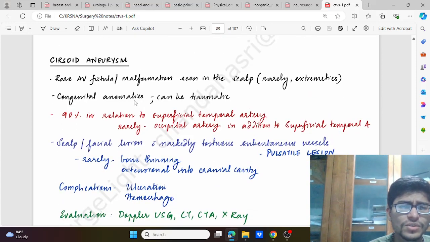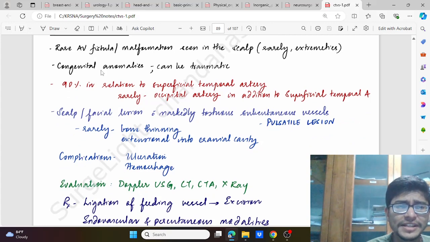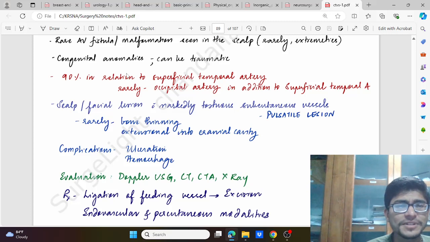Then we have cirsoid aneurysm, which is a rare AV fistula or malformation seen in the scalp, very rarely in the extremities. Congenital anomalies which can be traumatic. 90% are in relation to the superficial temporal artery, rarely the occipital artery.